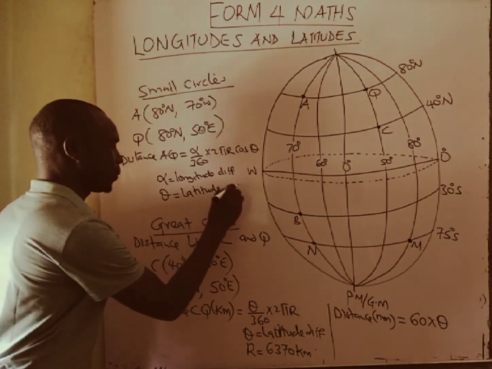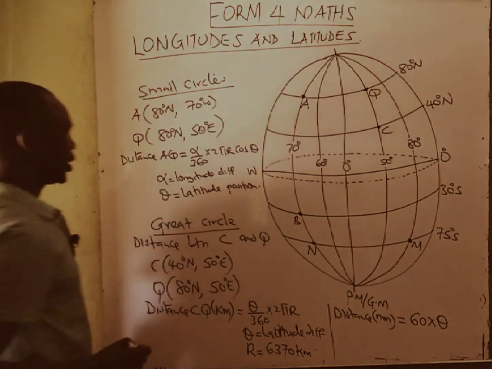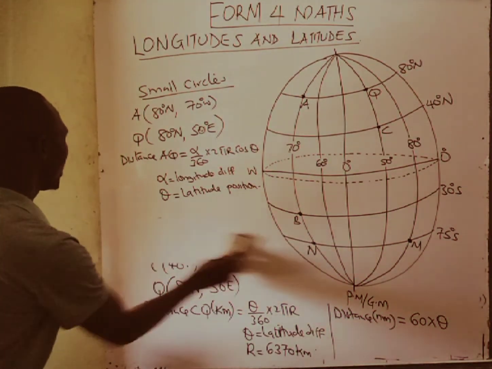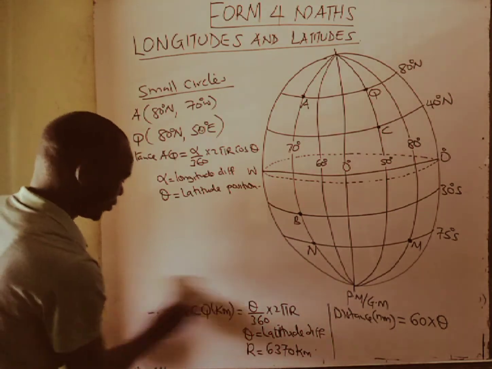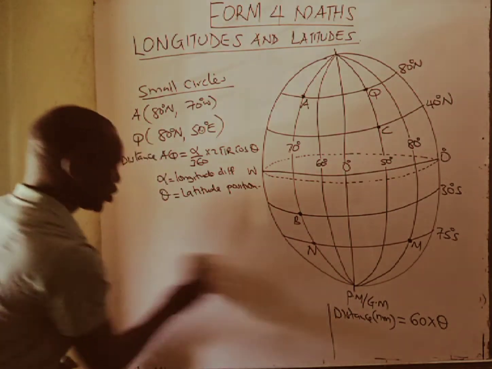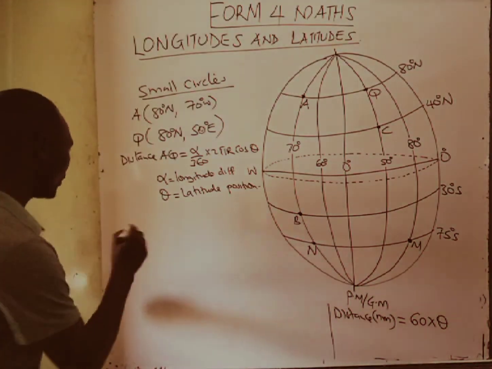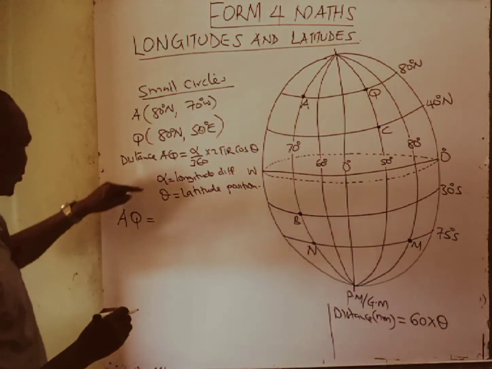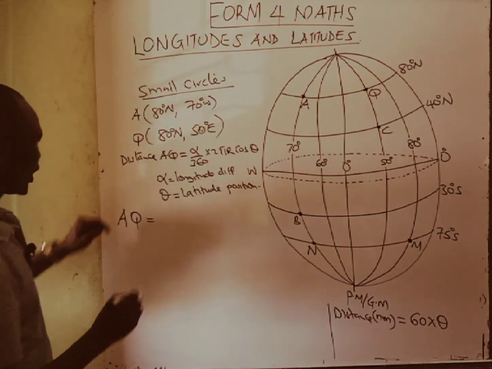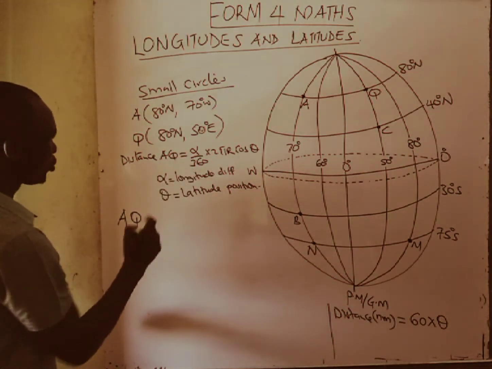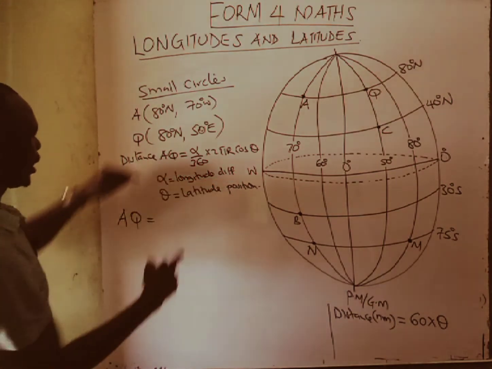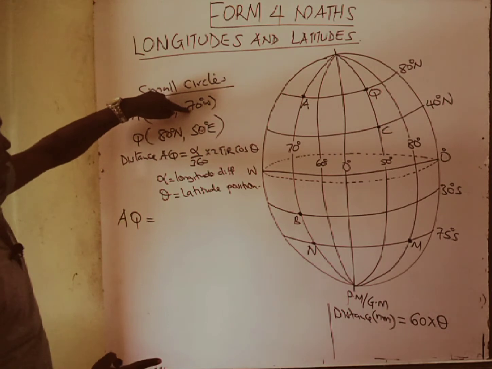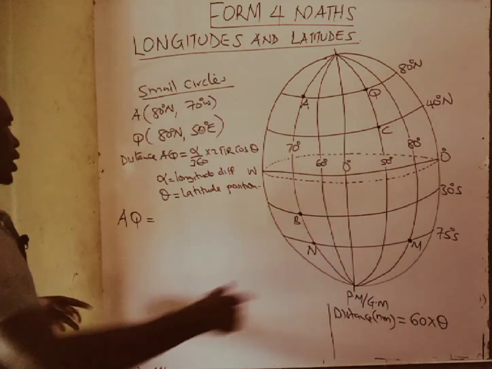The latitude position. That is to say, if you want to calculate the distance AQ here, distance AQ, in kilometers, is going to be equal to our alpha, which is the longitude difference of the 2 points. One is 70 degrees west, another one is 50 degrees east.